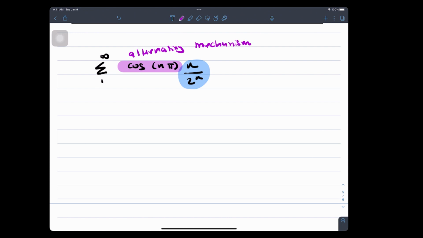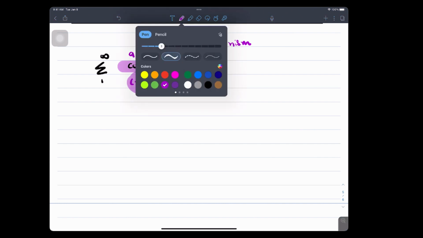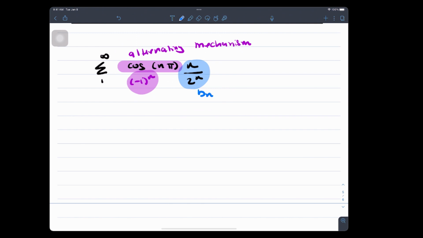So sometimes they sneak it in. This is like saying you have (-1)^n. That's the same kind of thing. That's an alternating mechanism. So sometimes they'll sneak in that cosine n pi, and it's the same as (-1)^n. And so now here again, you might say, okay, here's my b_n. We'll say b_n is n over 2^n. And of course, this is also what? Decreasing.